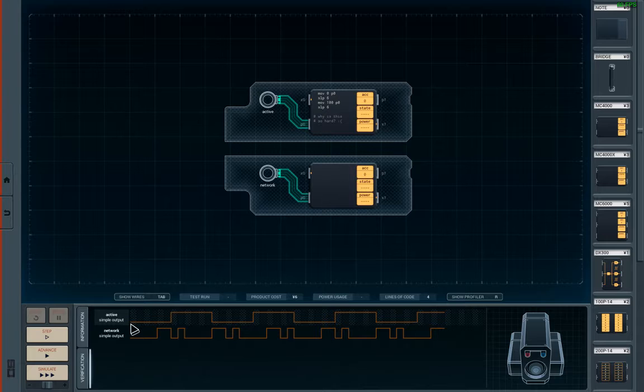Then we tell it to SLP, that stands for sleep. You tell it to do nothing, or basically stay at the value that it is currently set to for 6 time units. So you can count 1, 2, 3, 4, 5, 6 time units, and that's what it does. It stays at 0 for 6 time units, and then it goes to 100.